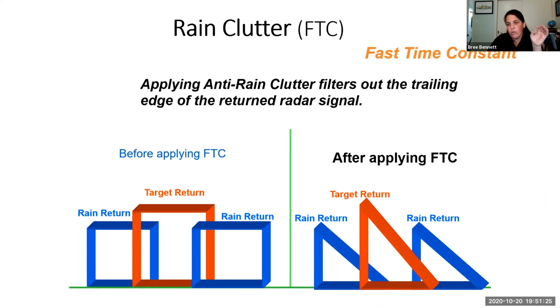So if you have your rain clutter up and it's not raining, then it's going to be really hard to see those little tiny objects because we've decreased the size of their return so much. If it is raining, it's a great tool to see through that squall to see if there's something of concern in that area.